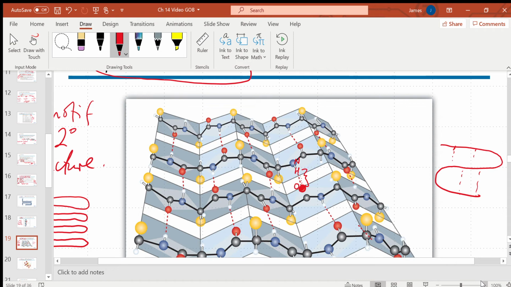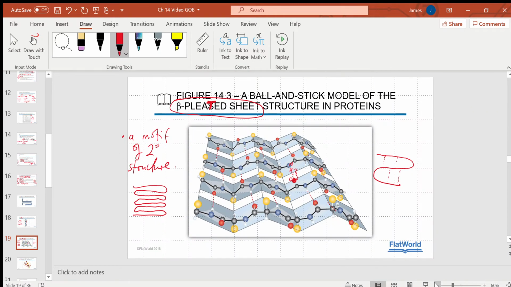This is the carboxyl part of the structure on an adjacent part of the molecule. Okay, so beta pleated sheets.